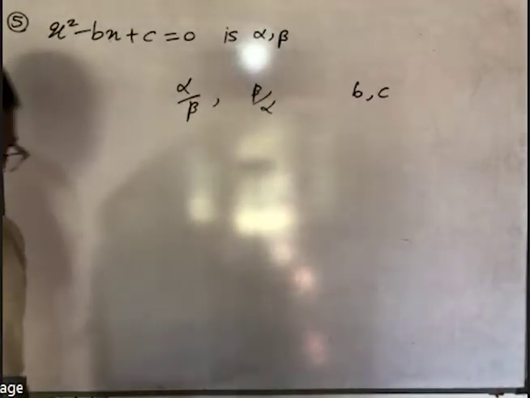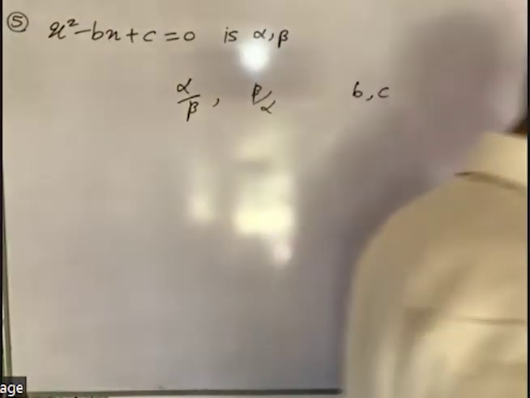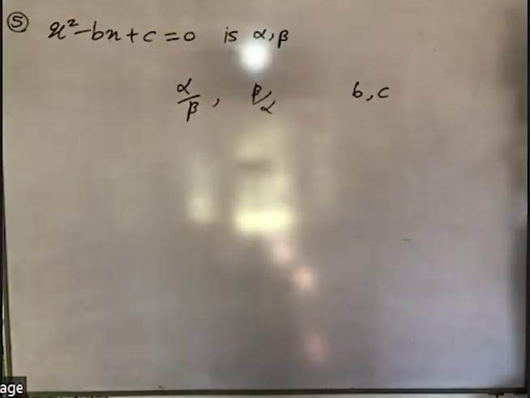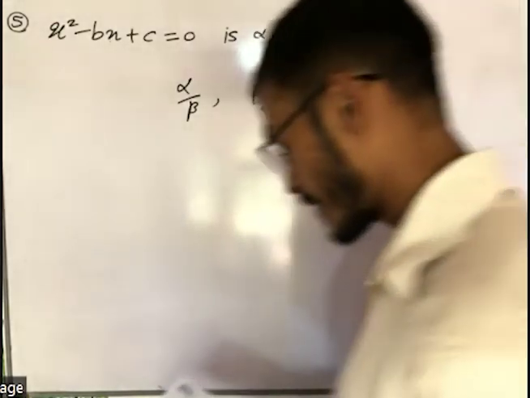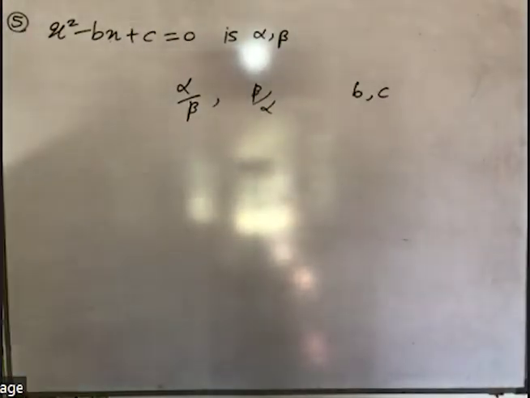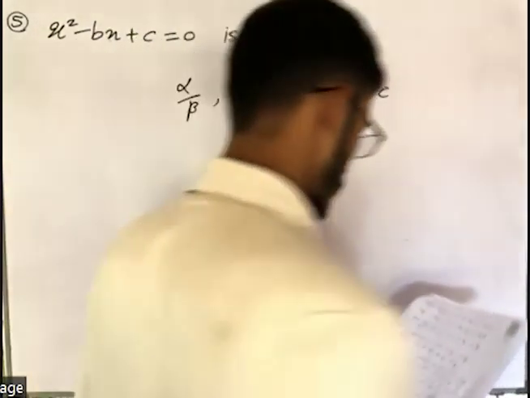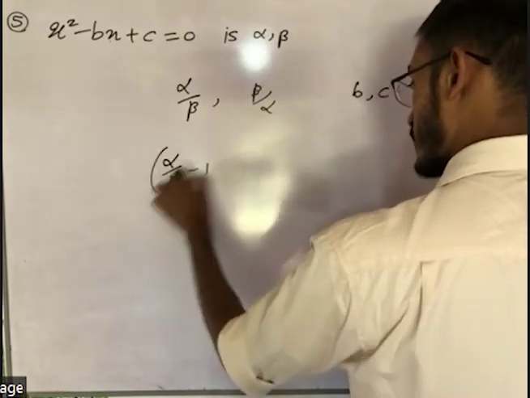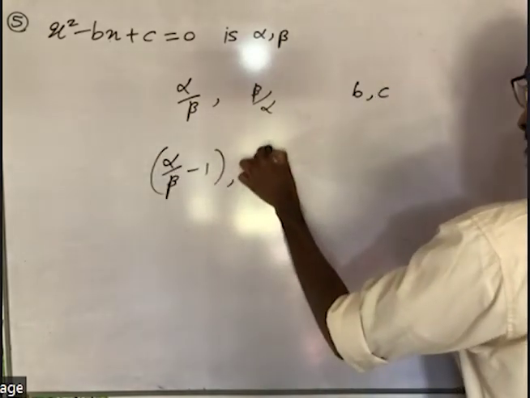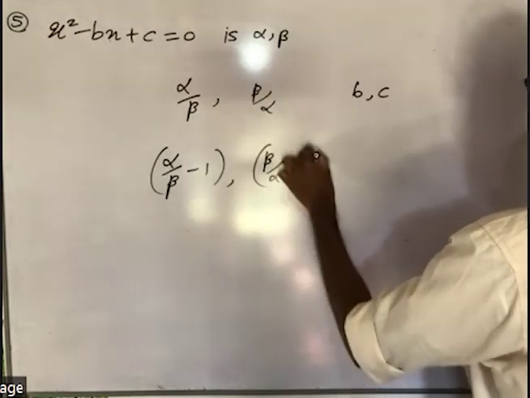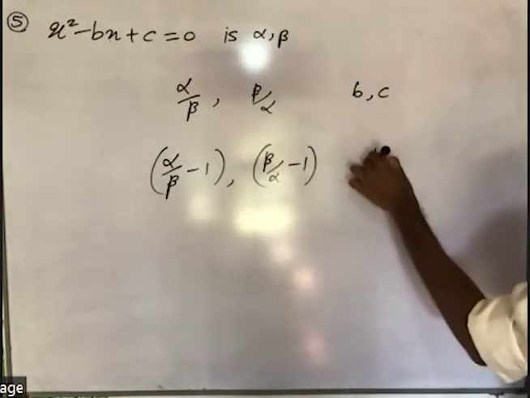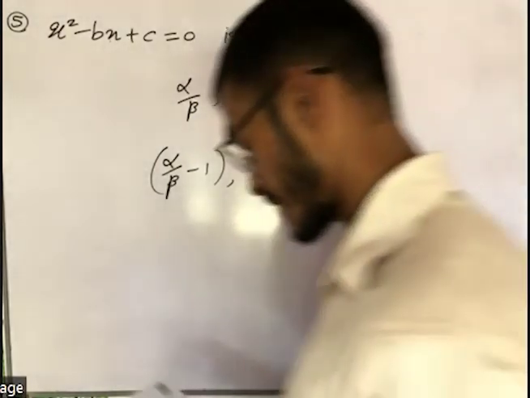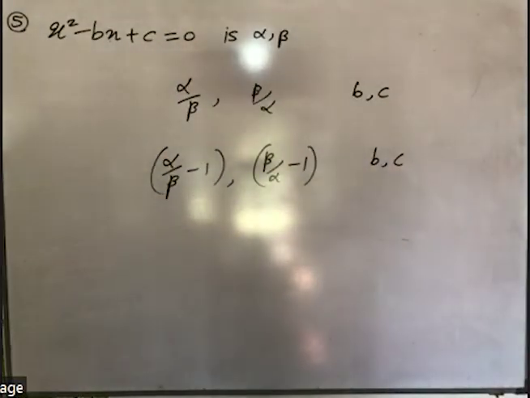Right. Next, write down for the same question: then from that, derive the quadratic equation with roots alpha over beta minus 1, comma, beta over alpha minus 1 in terms of b comma c. So in this question there are two parts.